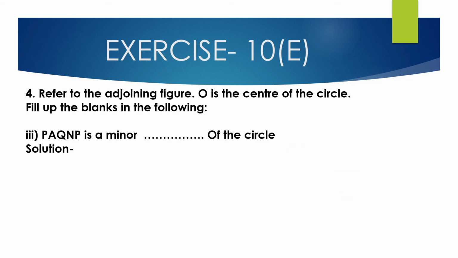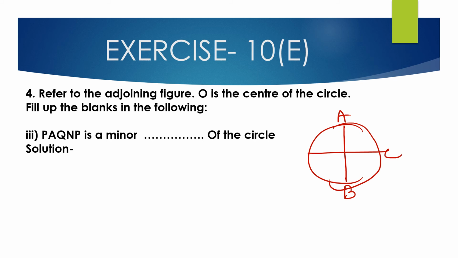Now third bit, PAQ and P is a minor dash of the circle. Let's draw the figure. These are the four quadrants, A, B, C and D. This is O, center, M. And this is Q. PAQ and P is a minor segment.